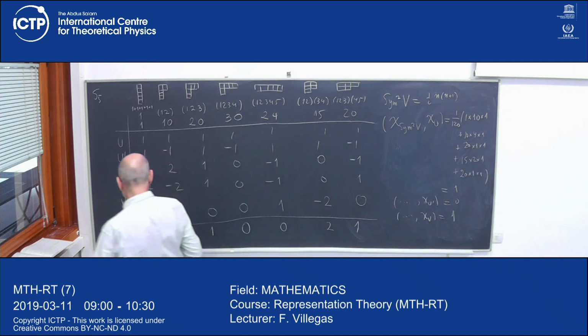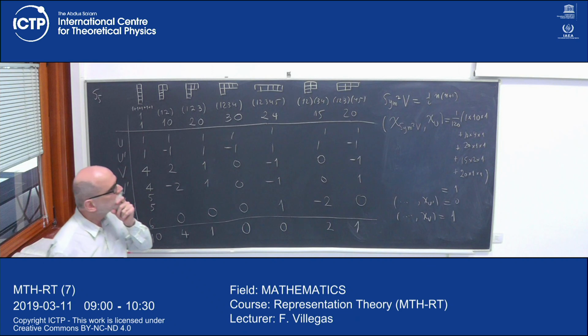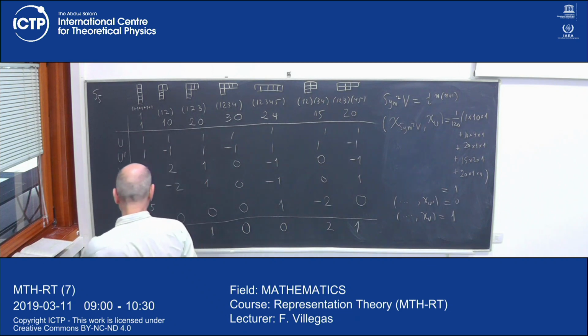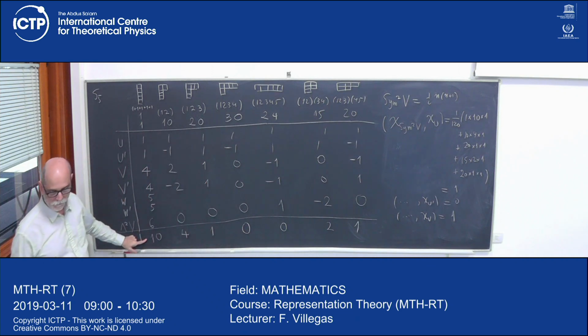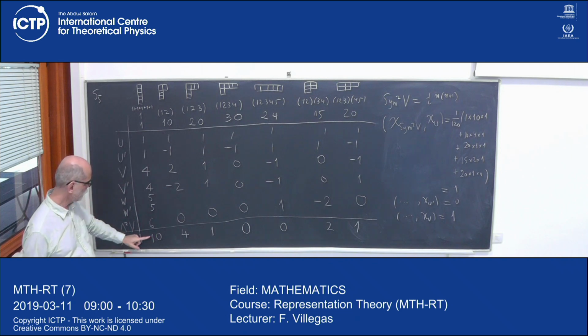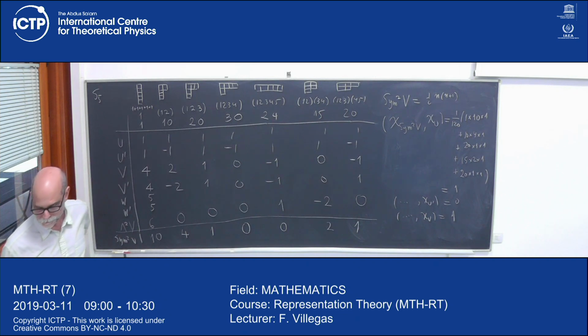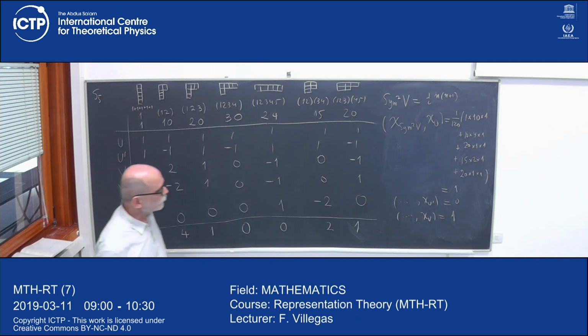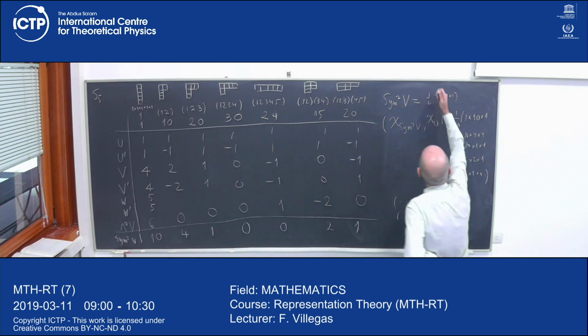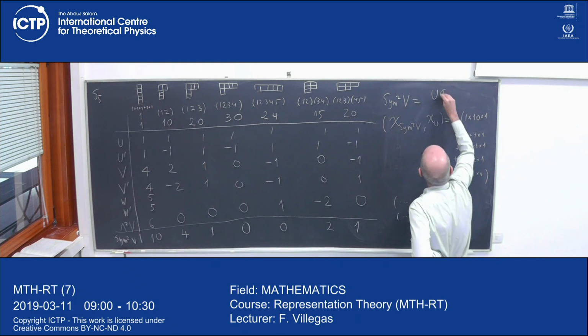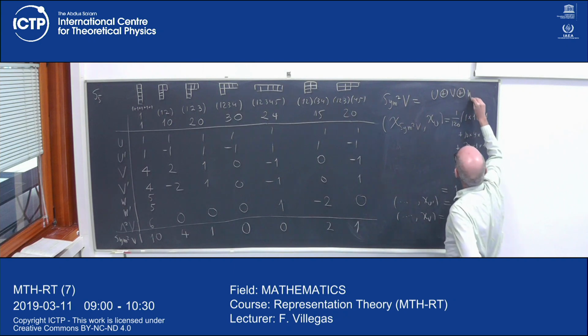So that means that this representation has a copy of the trivial representation, a copy of this standard representation, and then the difference, what's missing, is something of dimension 5. We claim that that is one of our representations, W. So Sym2 of V is U direct sum V direct sum W.